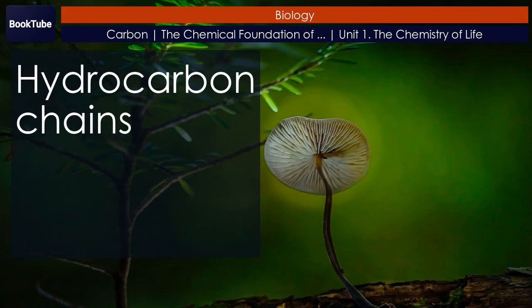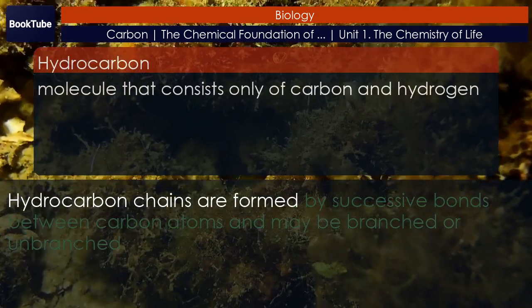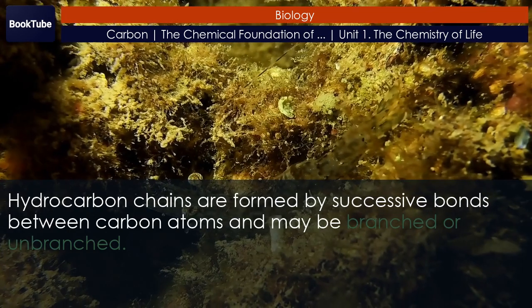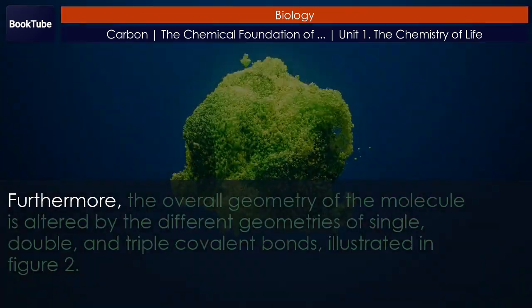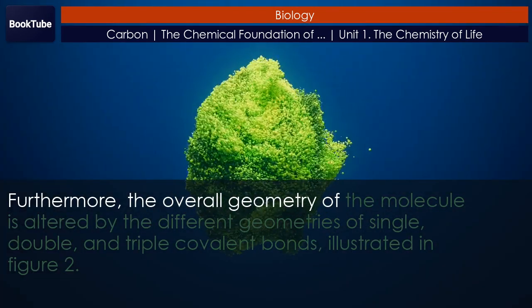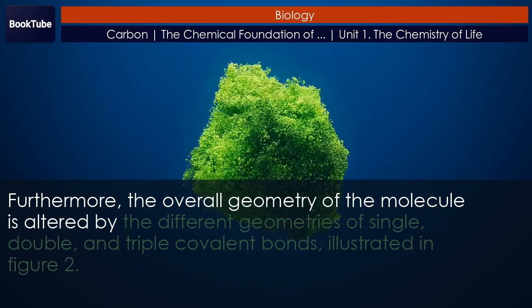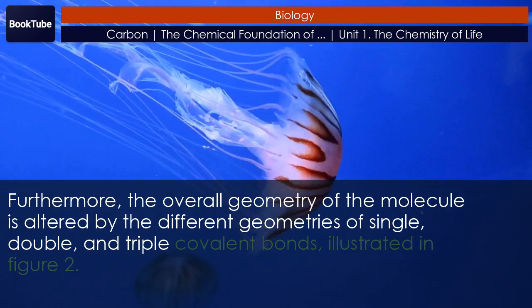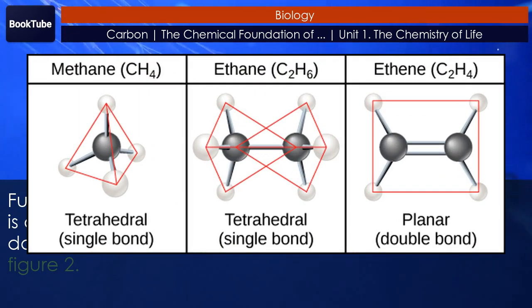Hydrocarbon chains. Hydrocarbon chains are formed by successive bonds between carbon atoms and may be branched or unbranched. Furthermore, the overall geometry of the molecule is altered by the different geometries of single, double, and triple covalent bonds, illustrated in Figure 2.